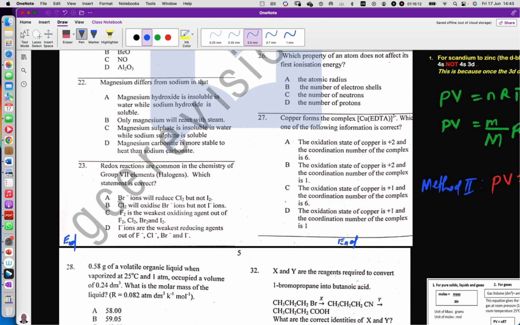Fluorine is the most electronegative and has the highest oxidizing ability, followed by chlorine, next bromine, iodine, astatine. So the oxidizing ability, or electronegativity, decreases down the group.